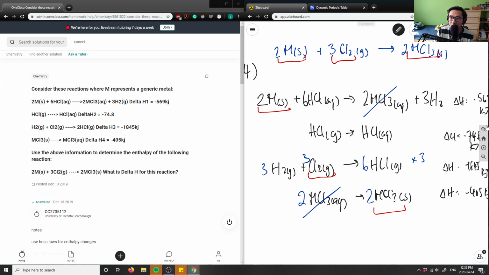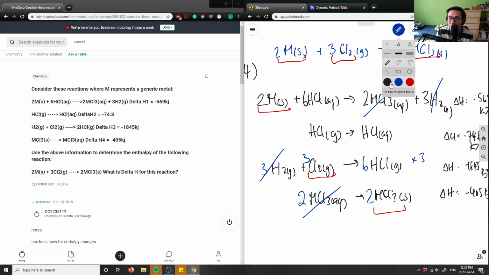I believe I forgot to state here, but this H2 is in gas form, which means I have 3 H2 on the reactants and 3 H2 on the products. So these also cancel out, which is great because I don't need those in my general equation. The goal is to cross out all the things that are not my main products here, the side products in this case.